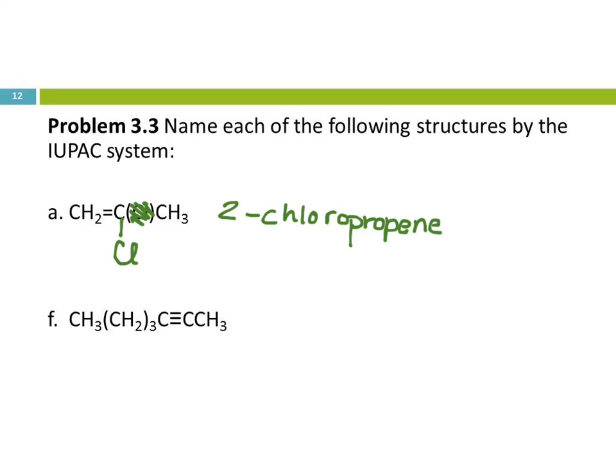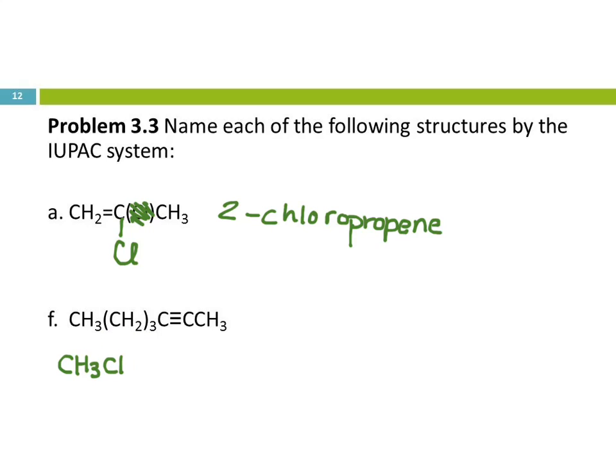Let's look at this guy down here. CH3, then parentheses CH2 3, C triple bond C, CH3. Okay, so that's very condensed. Let's expand it at least a little bit. So we've got CH3, and the CH2 with the 3 on the outside means 3 CH2 groups in a row.